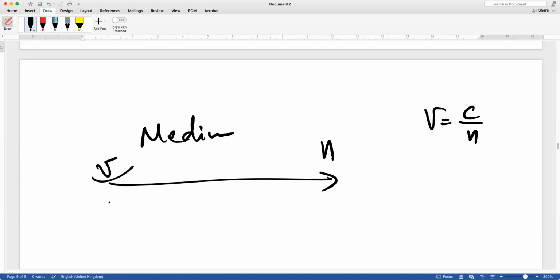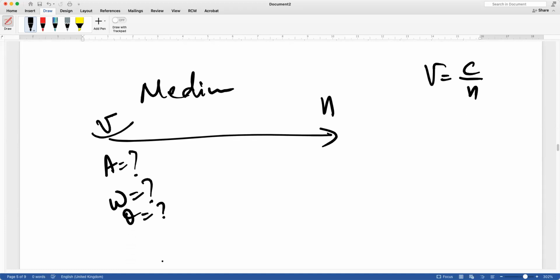So we need to ask the question, what is its amplitude? What is its frequency? What is its constant phase angle? Do you get that? Because they may have influence on the refractive index. It's not that only the velocity is determined by the n value.